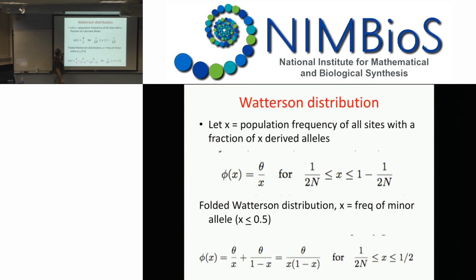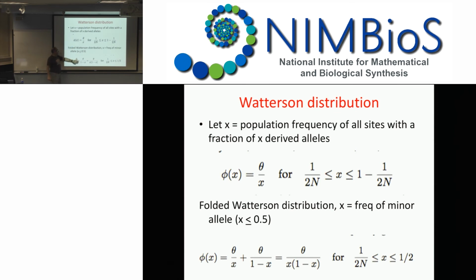That's for the population. There are a number of tests that basically ask how that number is perturbed when you have a sweep. Again, notice it depends upon theta. This result here, again, is an equilibrium neutral assumption. The folded frequency spectrum basically gives you this, because that's the value from 0 to 1/2, that's the value from 1 to 1/2. So if I now base the frequency spectrum not on the derived allele frequency, but on the minor allele frequency, it gives you this expression here.